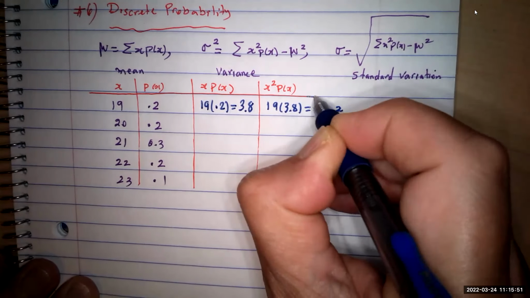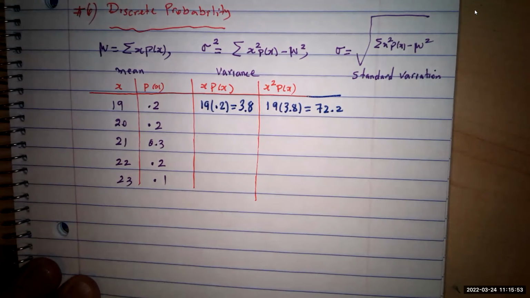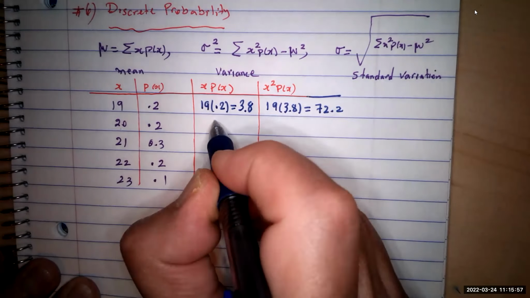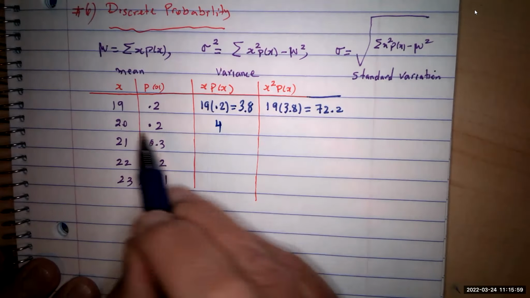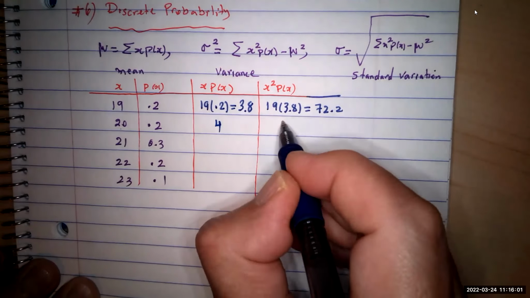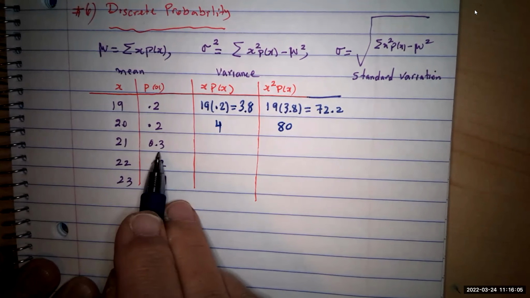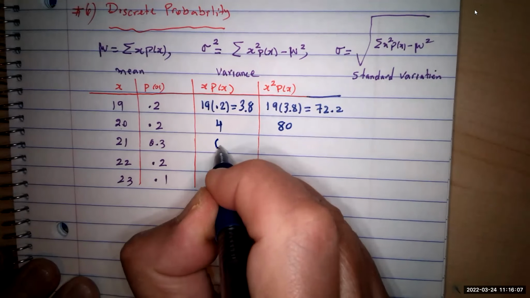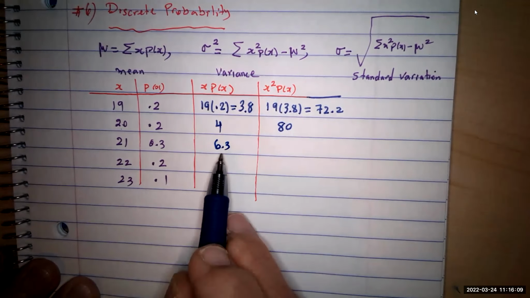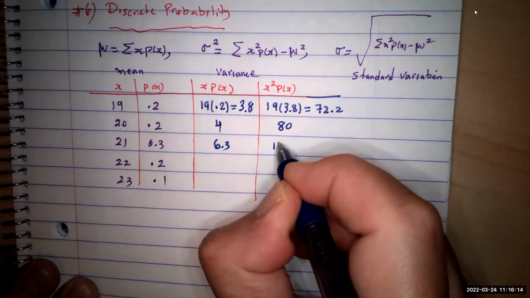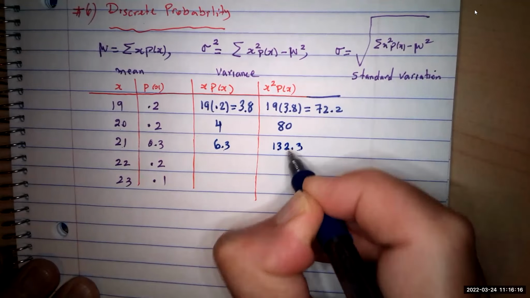That's the first row. Any question? You repeat it again for all of them. Multiply these 2 together, that gives you 6. You multiply 6 by X again, that gives you 126. Multiply these 2 together, that gives you 6.3. Multiply 6.3 by another X, that gives you 132.3.